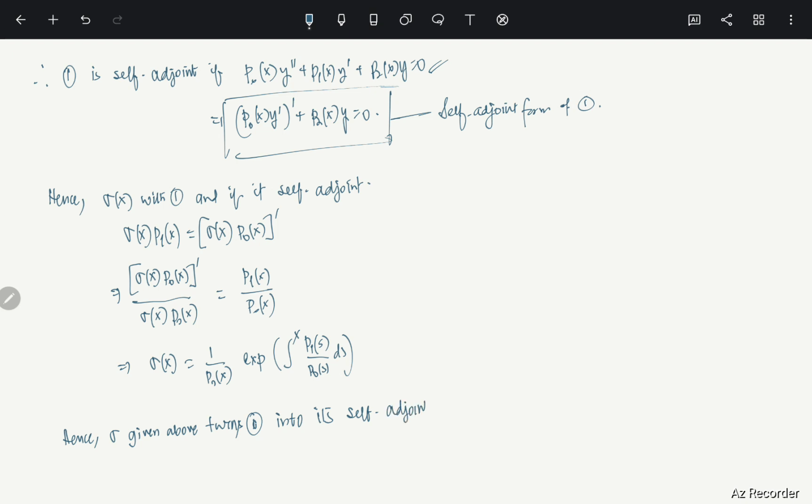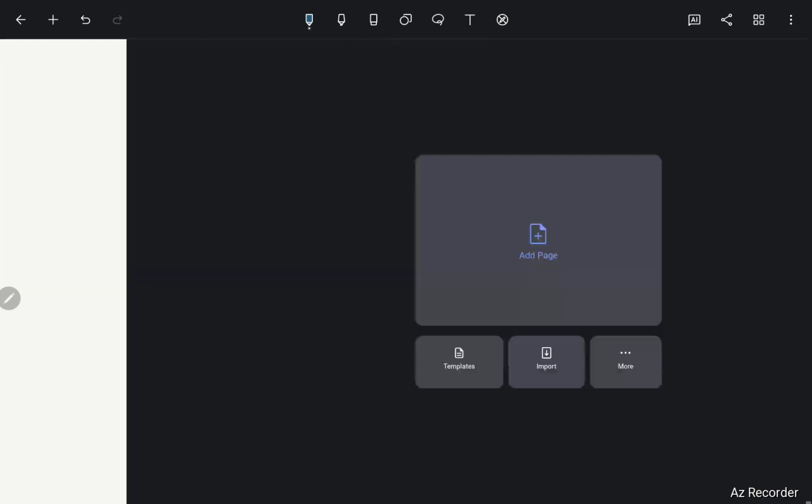I hope you understood what I am trying to say. If you are given 1 and you want to put it in a self-adjoint form, what you do is multiply it by sigma. What is sigma? Sigma is essentially this. If you multiply it with this equation, it actually becomes its self-adjoint form. That is how you transform an equation into a self-adjoint form.